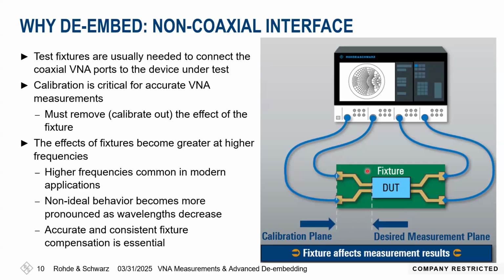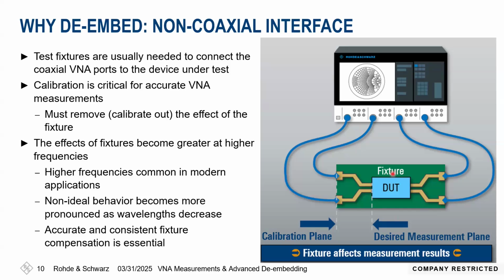So we need to remove the effect of these traces on the fixture. So here the de-embedding role comes into play: we have to de-embed these traces on the PCB board to get exactly the response of our DUT.